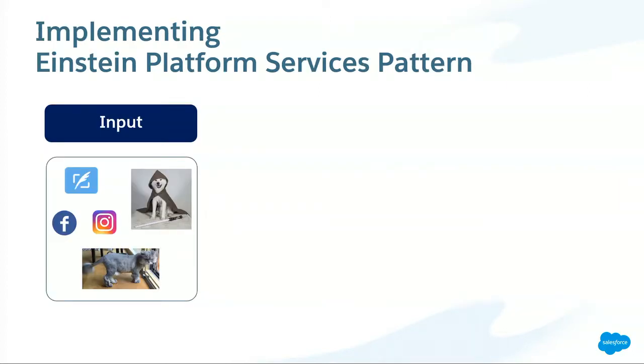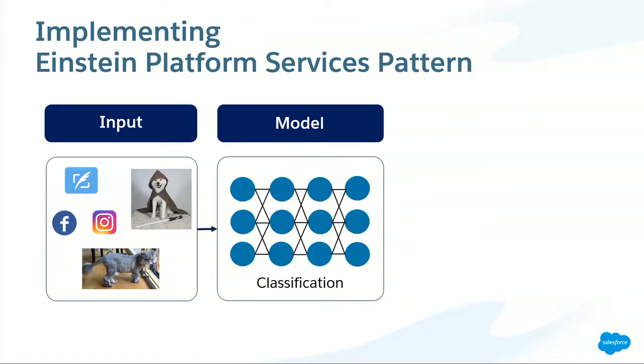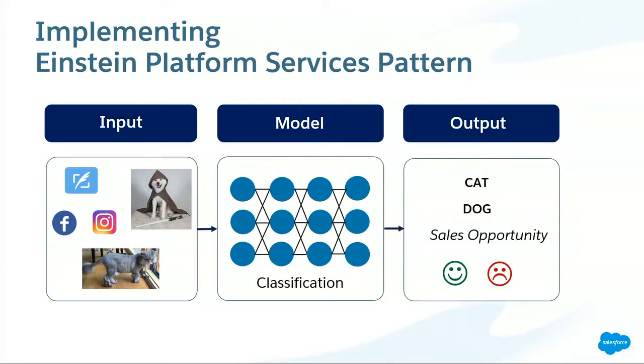To summarize, you can use Einstein Platform Services with any type of input. You can use social media channels, you can use emails, all kinds of text, data, and image data. The model that you're going to construct would extract the common features from the dataset that you're going to create and make the classification.